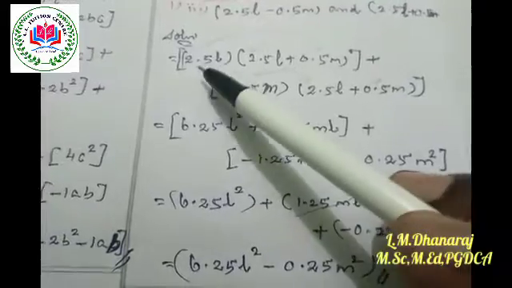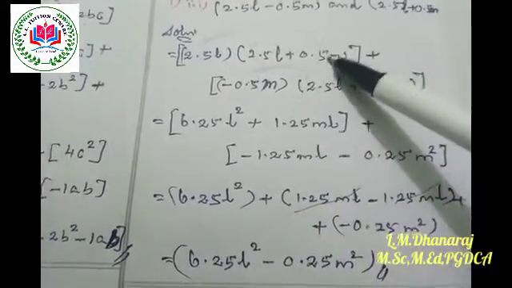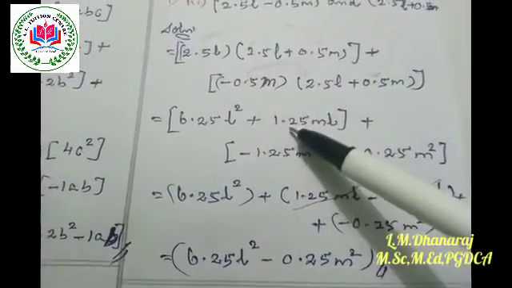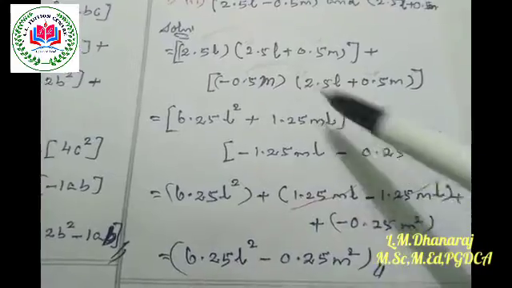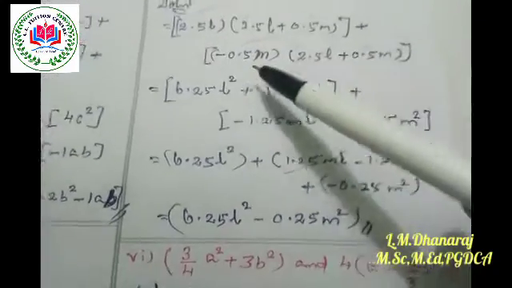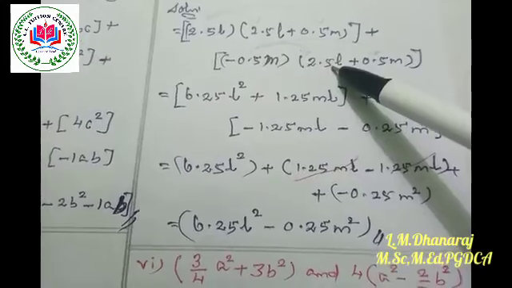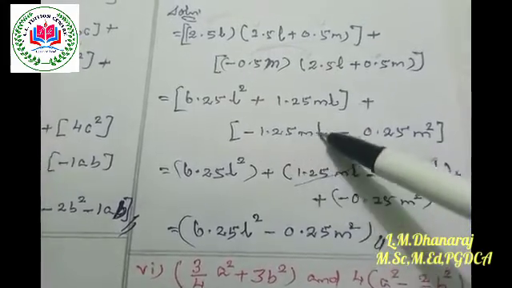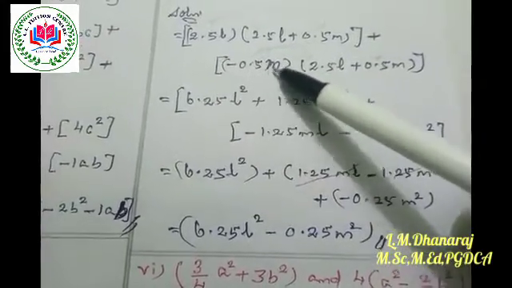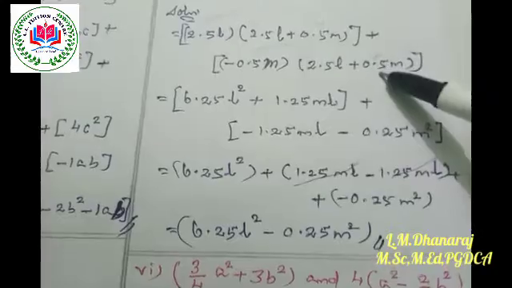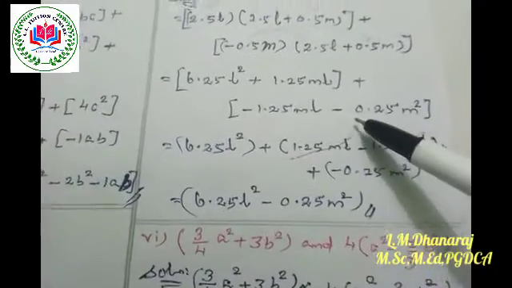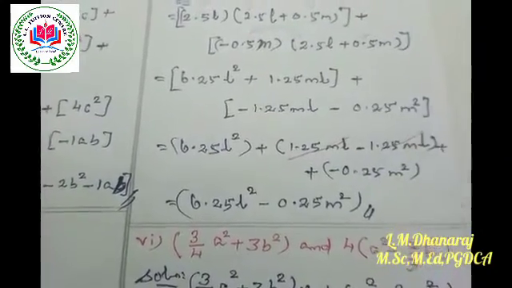Then plus 2.5L into 0.5M means 1.25ML. Okay. Now for the second expression, minus 0.5M into 2.5L means minus 1.25ML, and minus 0.5M into 0.5M is minus 0.25M square.